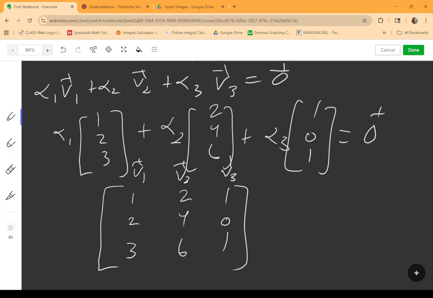I don't bother augmenting it with the zero vector; it's implicitly there. So I perform the reduced row echelon form, and then I get the matrix with rows 1, 2, 0; 0, 0, 1.